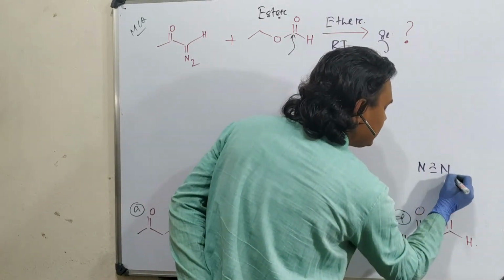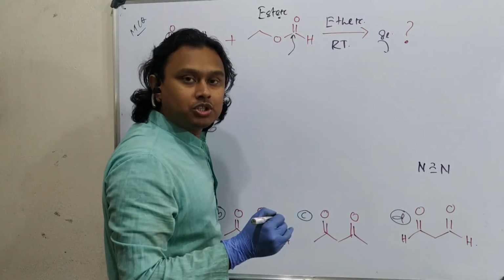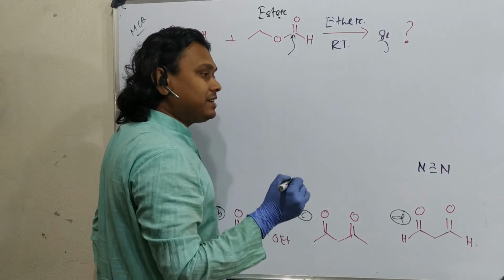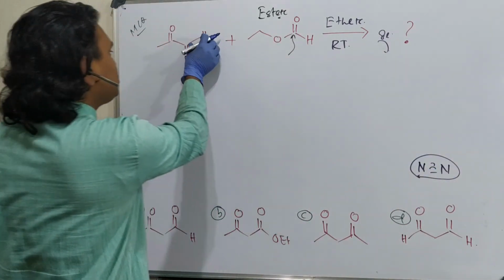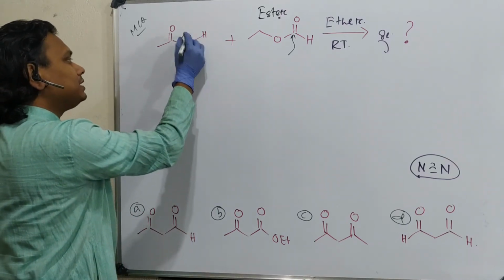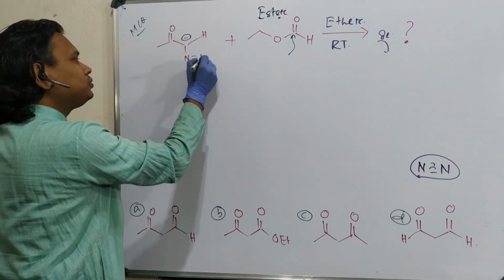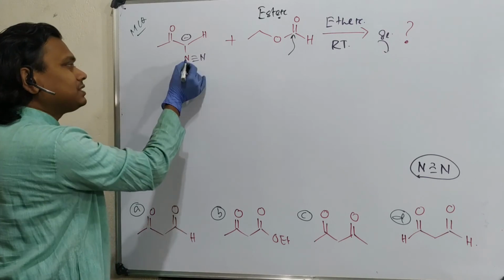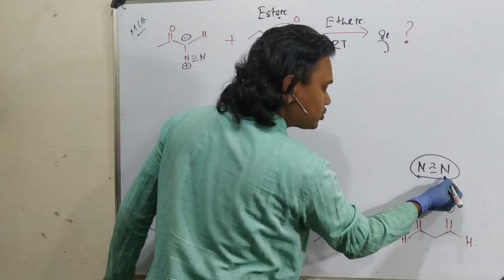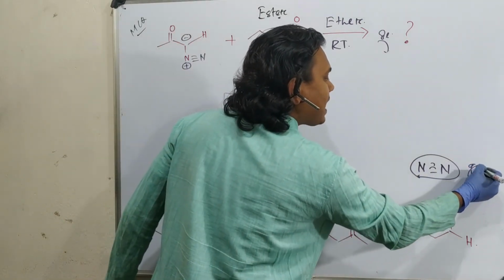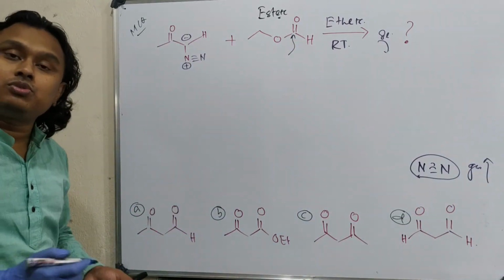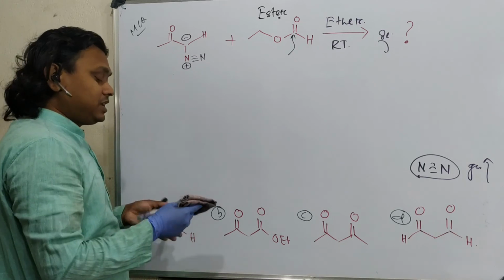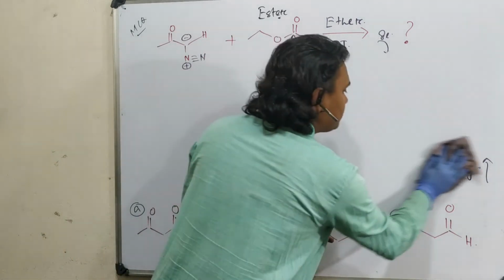Nitrogen has an N-N triple bond, a very stable molecule, a huge amount of energy is released, and there is a driving force for nitrogen formation. See, in this case what I told, this is minus and N2 plus. You may consider this nitrogen, first of all, a neutral molecule, second, a gas. So it wants to come out, and at a particular time a huge amount of gas comes out, which may result in explosion. So please be careful.